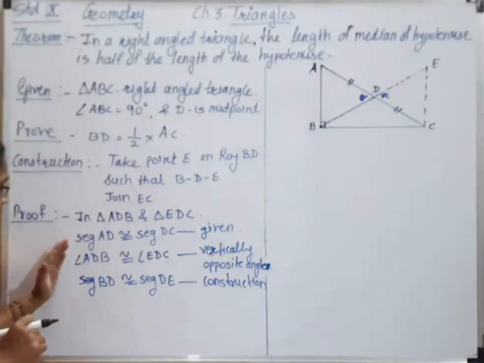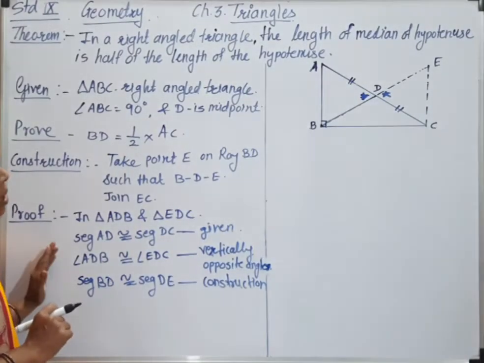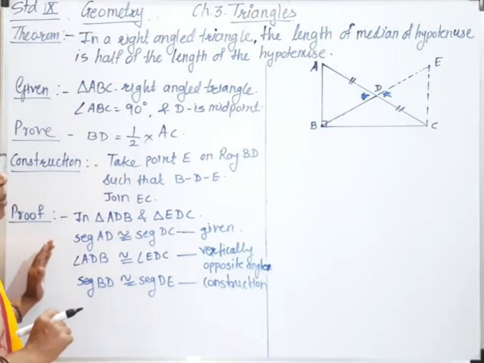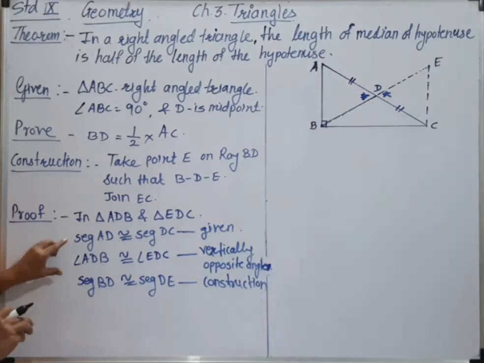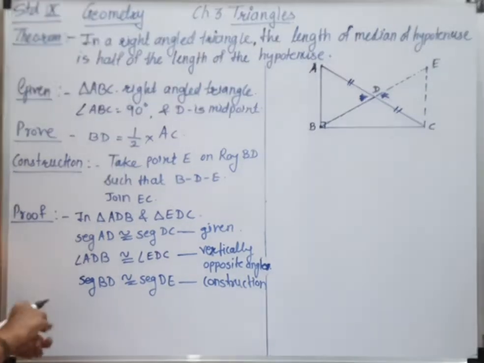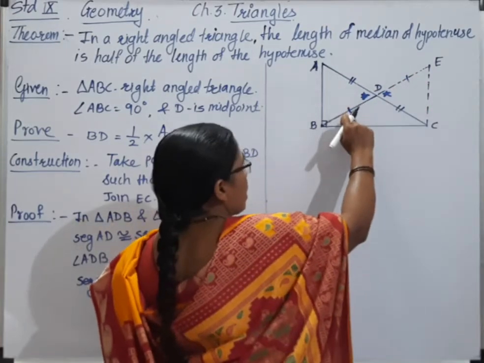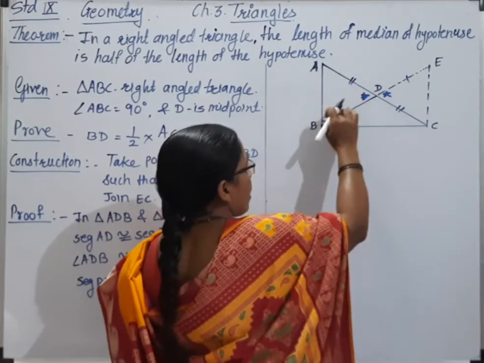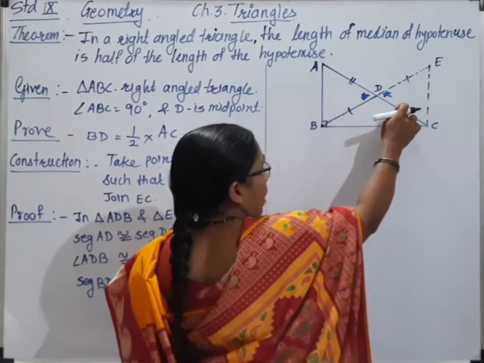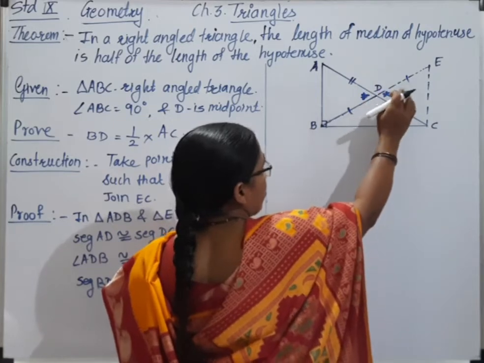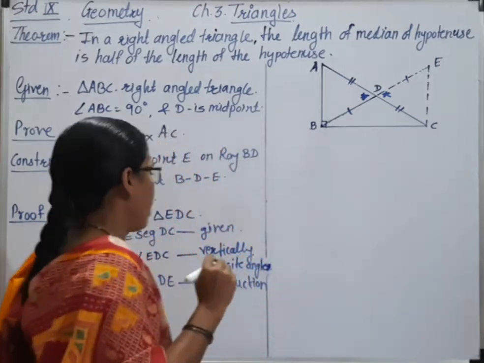And if any three measurements are congruent, then the two triangles are congruent to each other by a test. Now by which test? Here you can see two sides and the included angle. These two sides and the included angle of this triangle are congruent to the corresponding two sides and included angle of the other triangle.